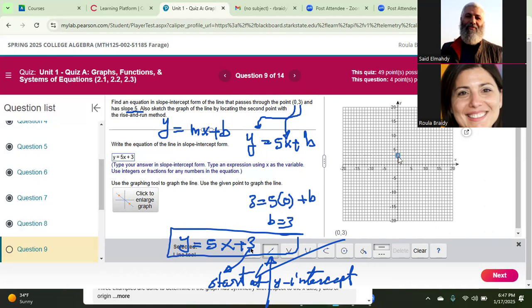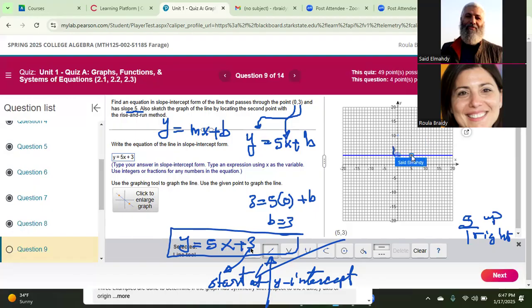The y-axis of 3, correct. Did you put a point here? Yes. And the other point has a slope of 5. A slope of 5 means you go right 1 and up 5 units from this point and put the second point.